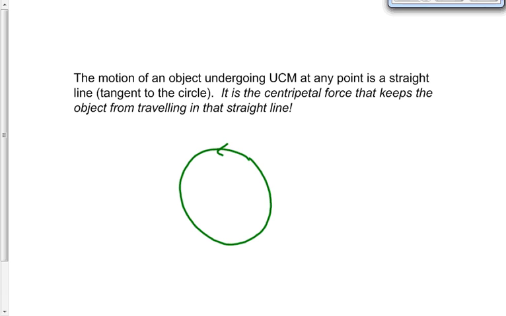But they don't go out from the center. Rather, they're going to go off in a straight line like this. In other words, the velocity of this object is always a tangent to the circle. It's always a line that's drawn kind of flat along that circle.